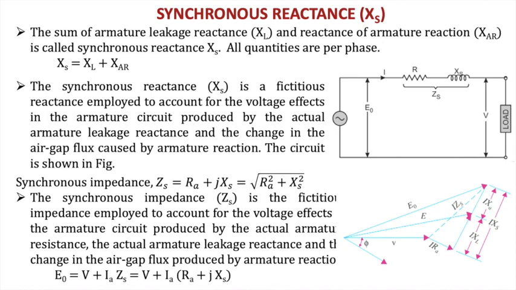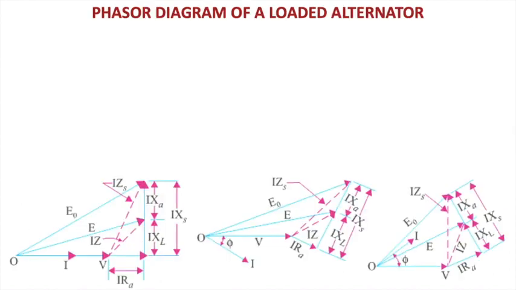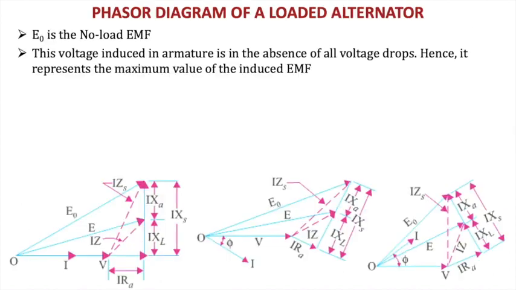The phasors can be combined, and you can obtain the terminal voltage by subtracting these drops from the no load induced EMF E0, and then calculate the actual terminal voltage at the output of the generator. Now, the phasor diagram for different types of load.